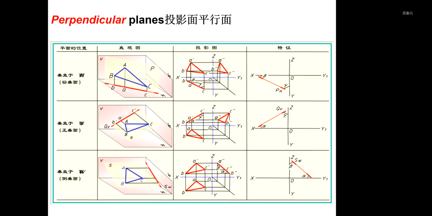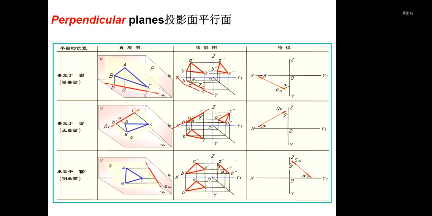From the projection here, we find that it is edge-on in the H plane, so we can get the angles beta and gamma there. The trace line is in this direction, the same direction as before, just extended here. For the V plane, all the projection on the V plane is a line, then you can get alpha and gamma. Beta is 90 degrees. The same thing applies for the W plane.